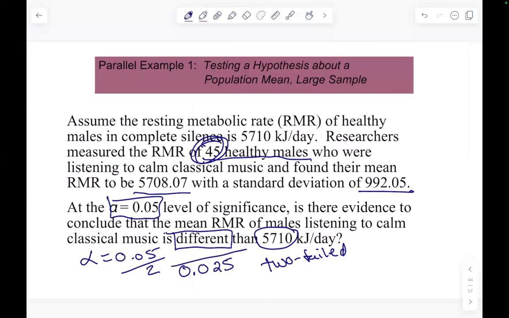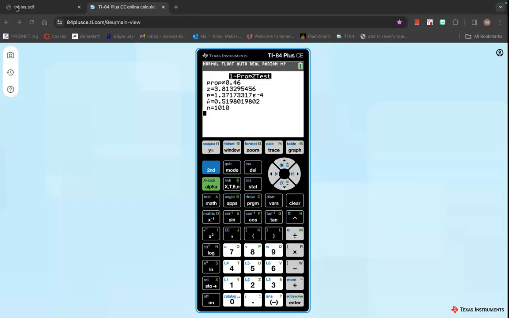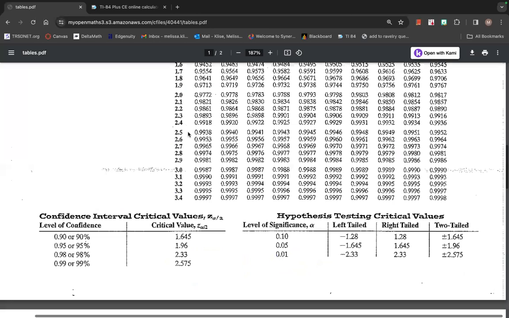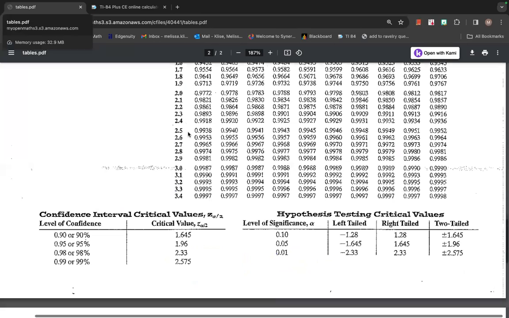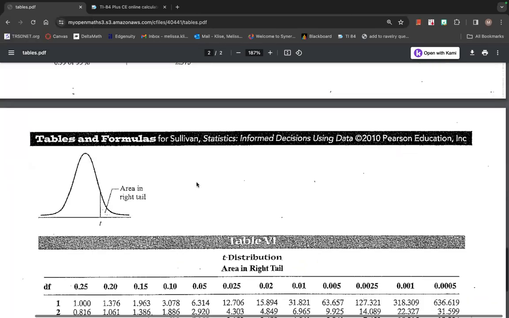This is what we're going to look at the top of our table. I don't think 45 is on there, or 44, but we're going to take a look anyway. So here's my T table. My degrees of freedom would be 44, so we're going to be estimating.